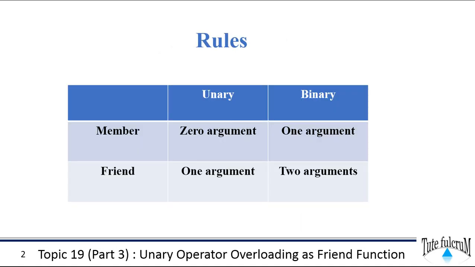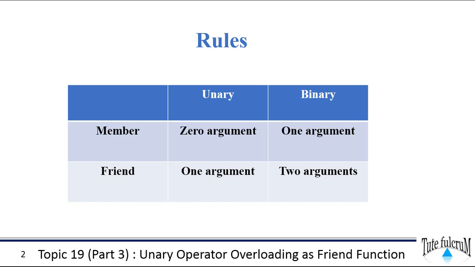In the previous sessions, we have discussed in detail what operator overloading is and what is the importance of overloading an operator. Let's quickly recollect the rules for overloading an operator. If you are overloading a unary operator as a member function of the class, then there should not be any argument.